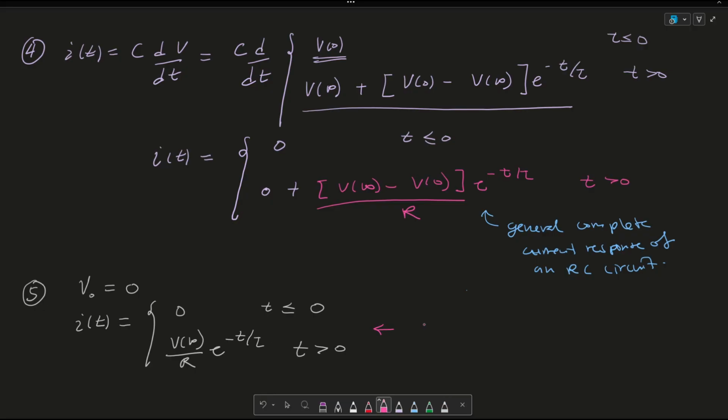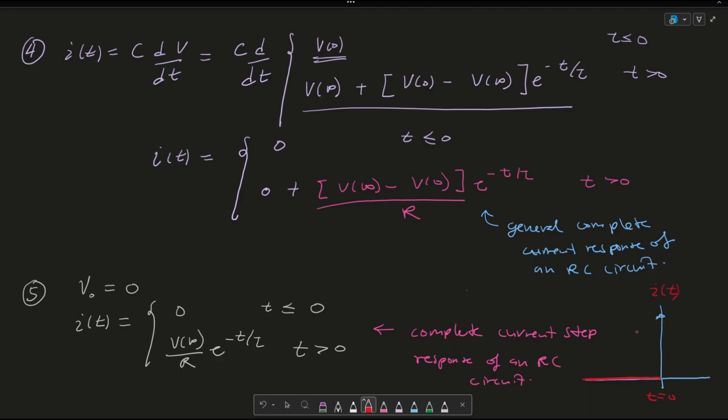And again, this is the complete current step response of an RC circuit. And again, if you want to graph this, from t less than 0 to 0, we get basically my I of t.